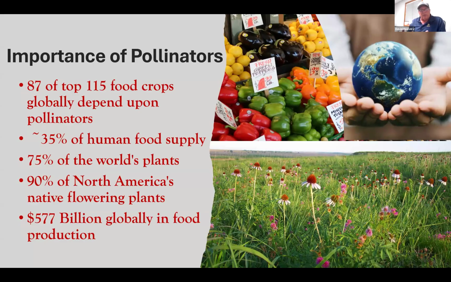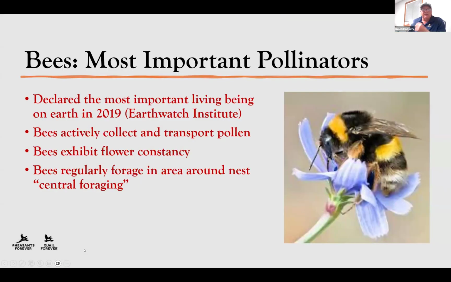So that's where you've heard, thank a pollinator for one bite in three. That's where that number comes from, and 75% of the world's plants and 90% of North America's native flowering plants depend upon pollination to reproduce. And from an economic standpoint, that's over $500 billion globally in food production. So not something to look at lightly.